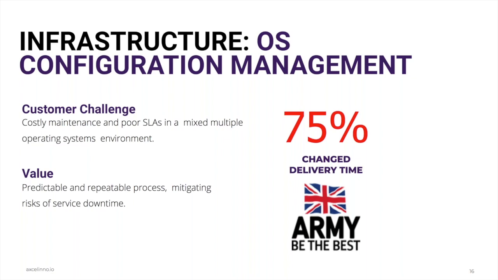And for them, the biggest thing was downtime. That represented a major risk. So we're leveraging Ansible. The change in delivery time was a 75% reduction. So a massive reduction, not only across all of their environments, but in how quickly they could get something out there, and it really mitigated a lot of the downtime because they could be far more flexible.